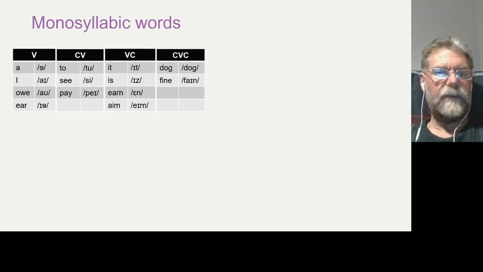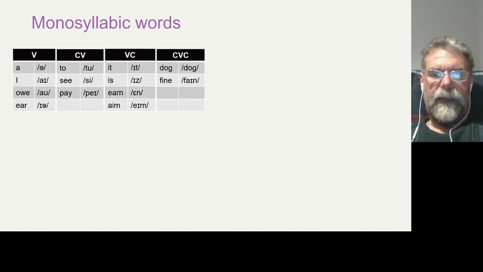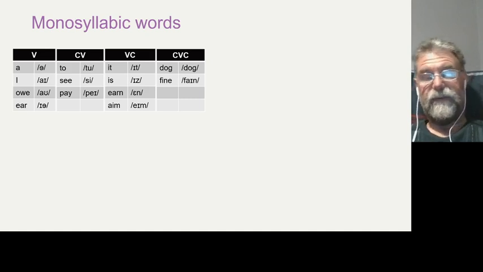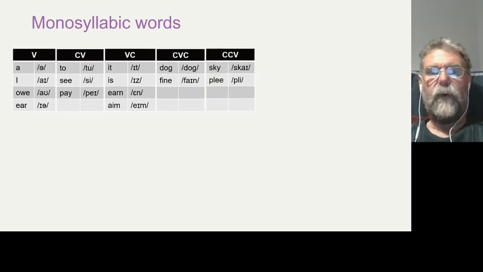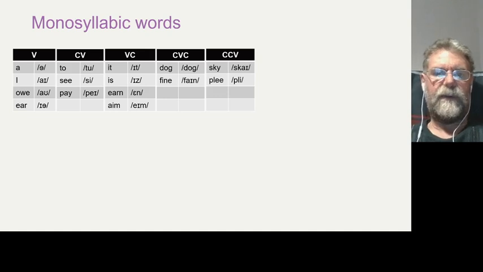Now, we can put more than one consonant either in front of or behind the vowel in a single syllable. When we do that, we have what is called a consonant cluster, a cluster of consonants. For example, before a vowel, we can have s and k together, so we get sky, or p and l together to get plea.